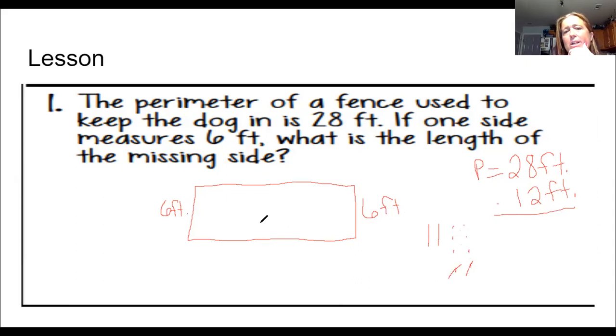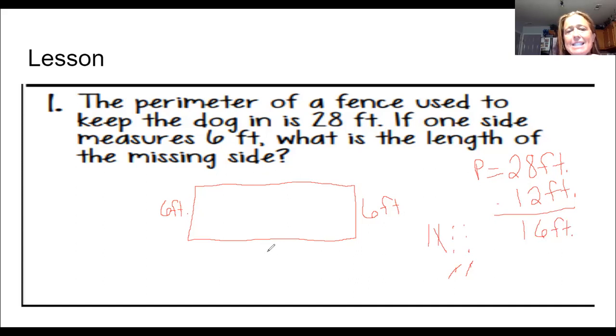We're trying to figure out what's left in the perimeter to figure out these two sides, okay? And 1 set of 10, how much do I have left? I have 1 set of 10 and 1, 2, 3, 4, 5, 6 ones. So what we have left is 16 feet.